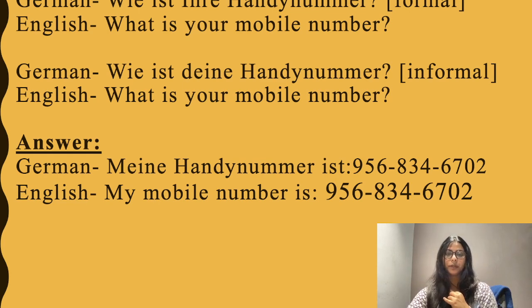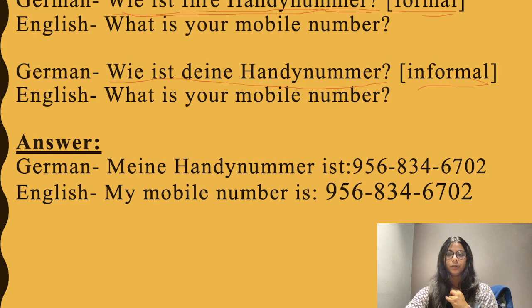So for example, in a formal situation you would say, wie ist Ihre Handynummer? In informal situation you would say, wie ist deine Handynummer? The translation for both of these is same. What is your mobile number? The only difference is formal and informal.